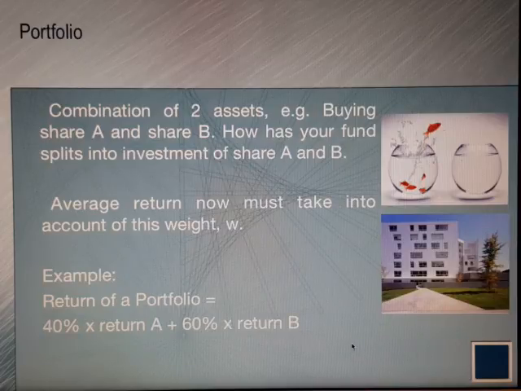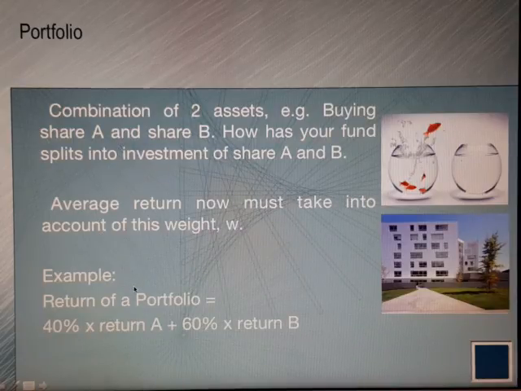So when you see this in finance, usually they will give you information about how the investment was divided into two different financial assets. The division of investment in these two different investments is known as weight.